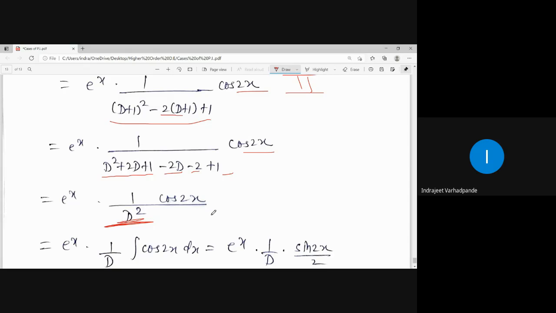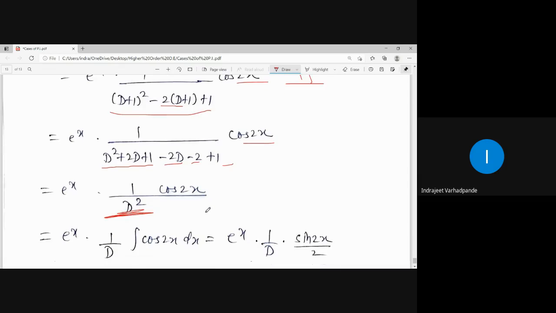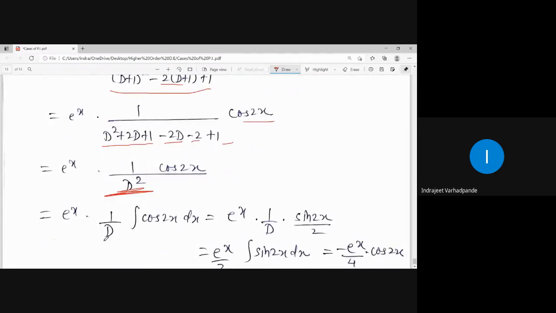What is integration of cos? Sine, positive sign, right? So e to the power x into 1 by d, one time integration of cos 2x with respect to x, e to the power x into 1 by d into sine 2x by 2.